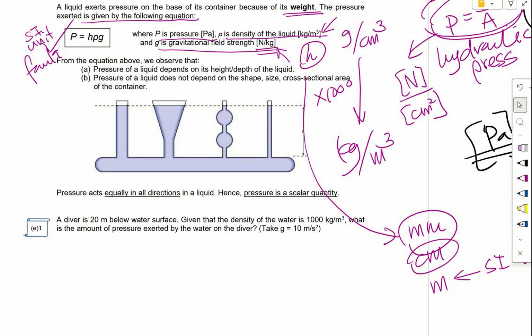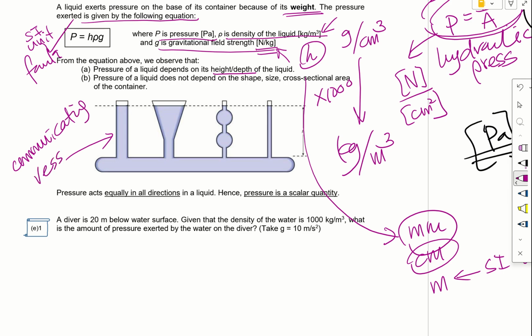More about this equation: we observe that the pressure of a liquid depends on its height and depth of the liquid. The pressure of a liquid does not depend on the shape, size or cross-sectional area of the container. So this vessel is called a communicating vessel.